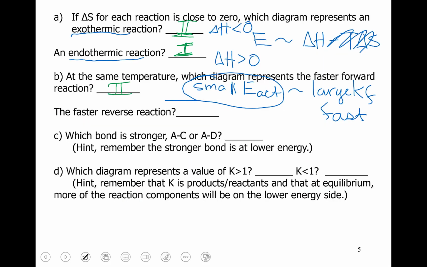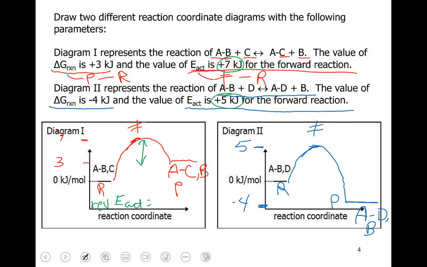What about the faster reverse reaction? The same idea holds. I'm looking for the one with the smallest energy of activation. So the reverse energy of activation is going to be the difference between the product energy and the transition state. So if I take transition state of 7 minus product energy of 3, I'm going to get plus 4.